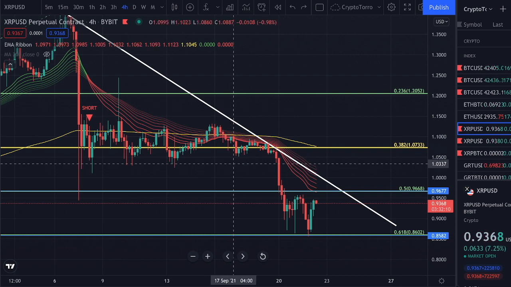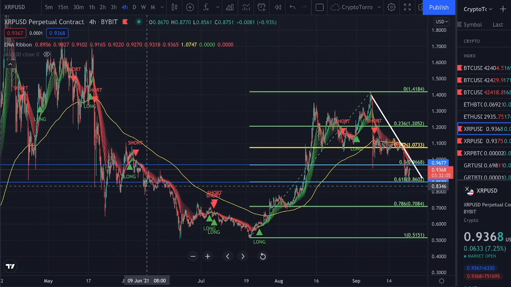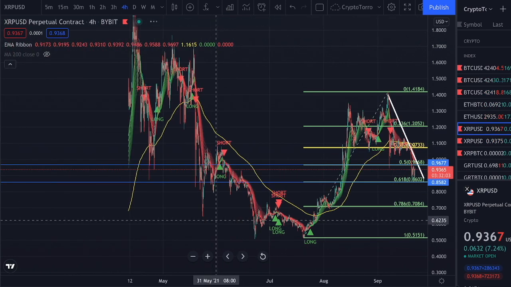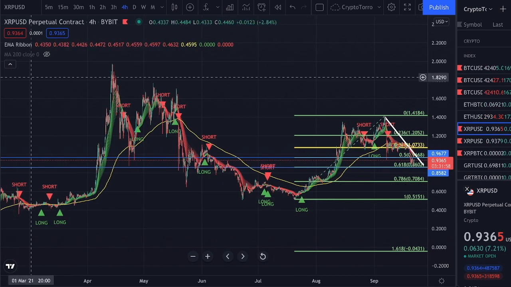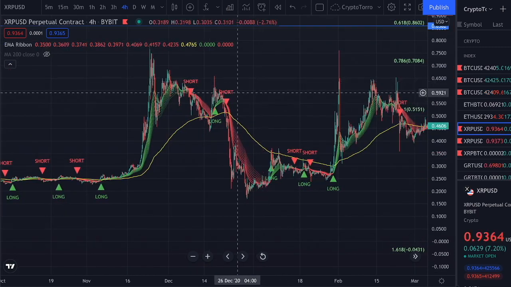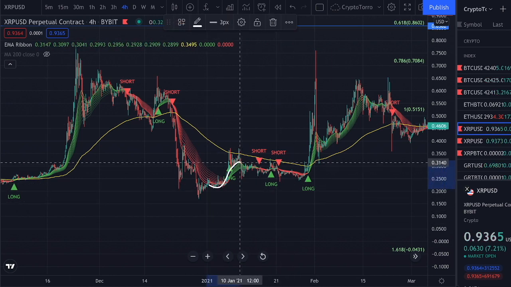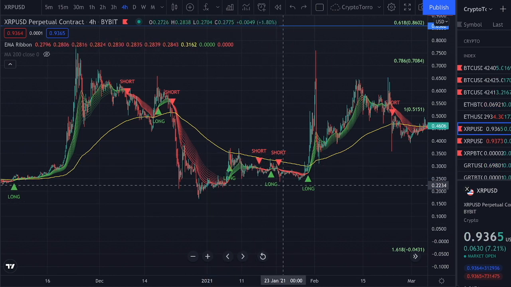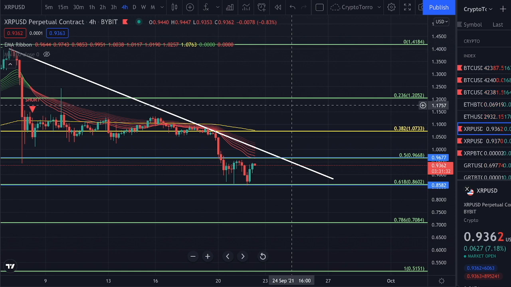If we look at previous data, you can clearly see that when we retested the EMA ribbon multiple times in the past, for example at this point in time, after multiple retests it is very likely that you're going to break out above it, find support on top of it, and see it increase. So there are a lot of options right now. I think the market is looking quite good at this moment, and therefore I'm still very bullish for the overall cryptocurrency space.